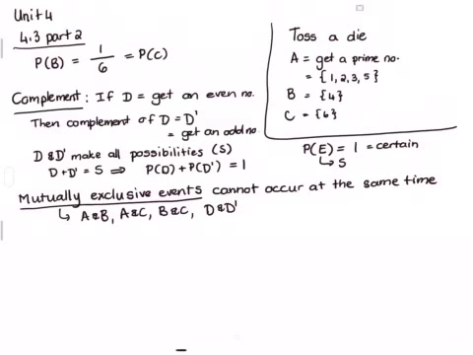Right. Let's look at another word. So be careful. Independent events. You get the complement, you get the mutually exclusive, you get the independent. The independent events, I'm just going to say, have no effect on each other, and then I'm going to explain what I mean by that.